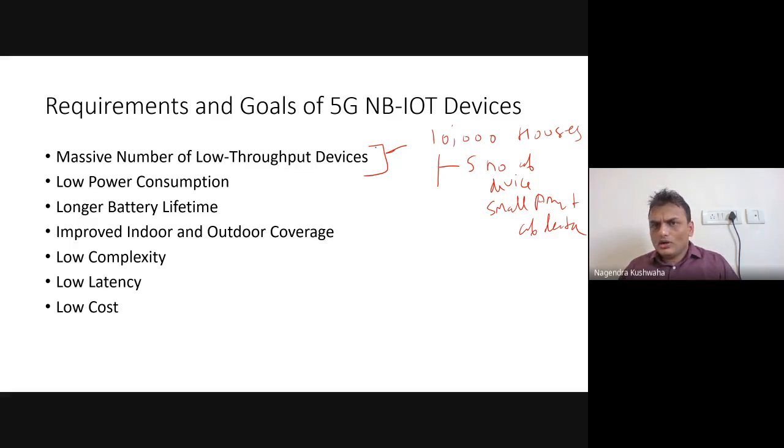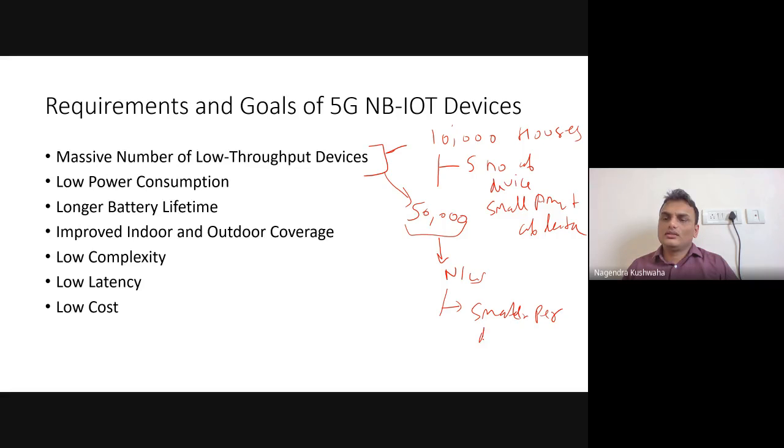So in that area, 50,000 devices need to be connected to the network, and their data, which is usually required to be sent, is very small, a small data per device. So the goal of 5G NB-IoT is such that it can support a massive number of low throughput devices.